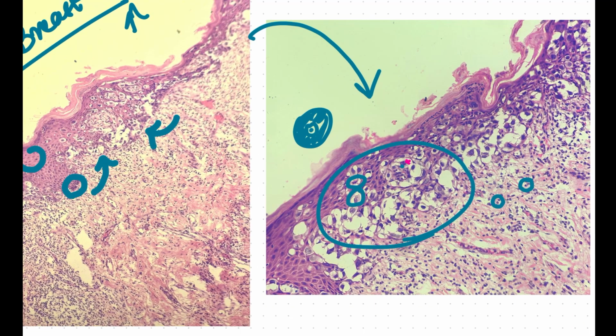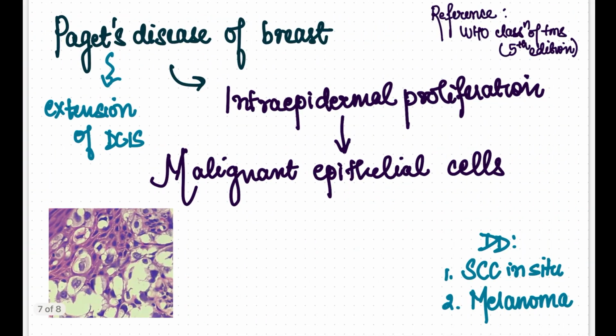Coming to discuss some theory on Paget's disease. The reference is WHO Classification of Tumours, 5th edition, breast. What is Paget's disease of breast or nipple? It is an intradermal proliferation of malignant epithelial cells. How do you describe these malignant epithelial cells? We'll just revise what we had studied.